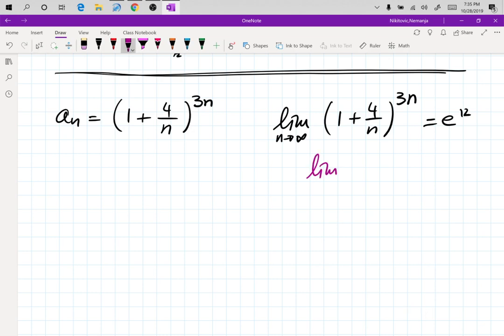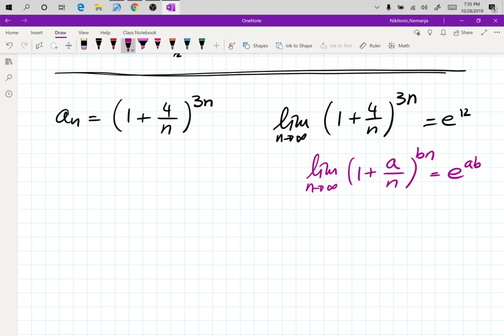The nifty formula is limit as n goes to infinity of 1 plus a over n raised to the bn is e to the ab. So that's a times b. You pick up a from that spot and b from the other spot and you just multiply them together. And that's how I got e to the 12 without doing any work.